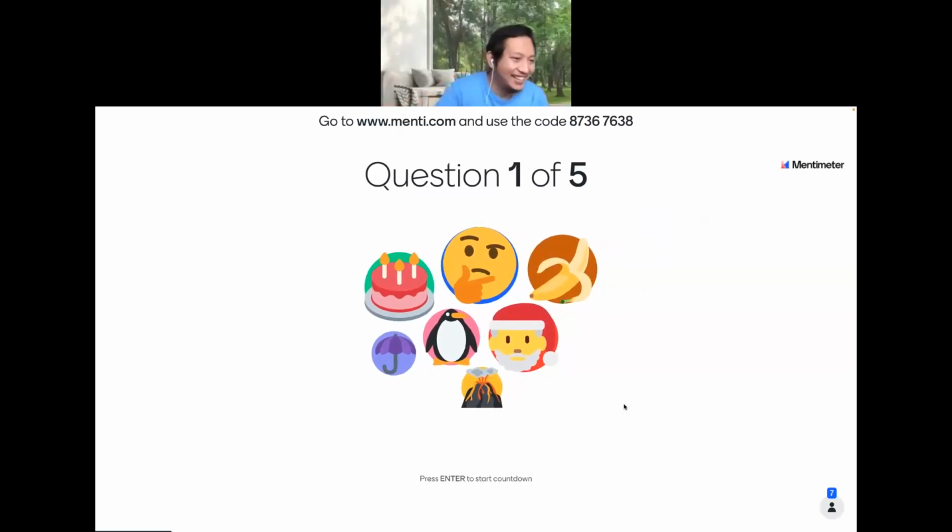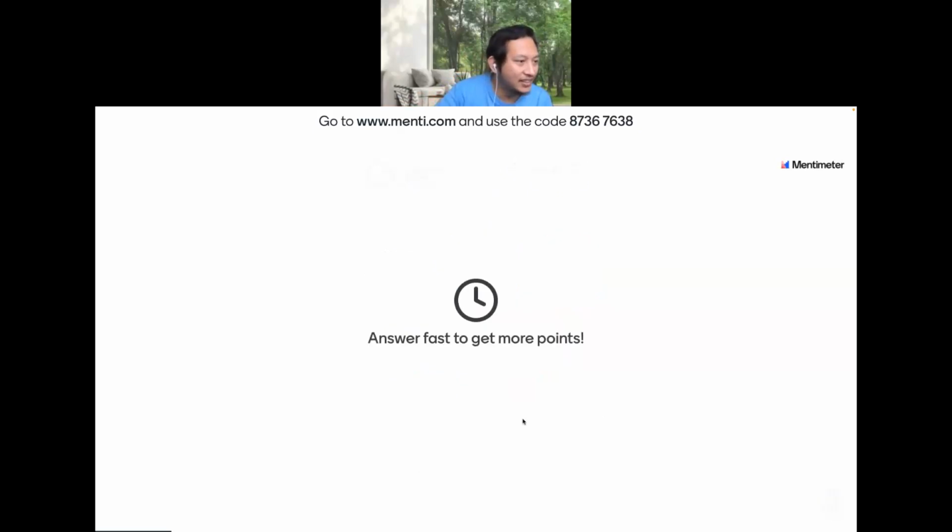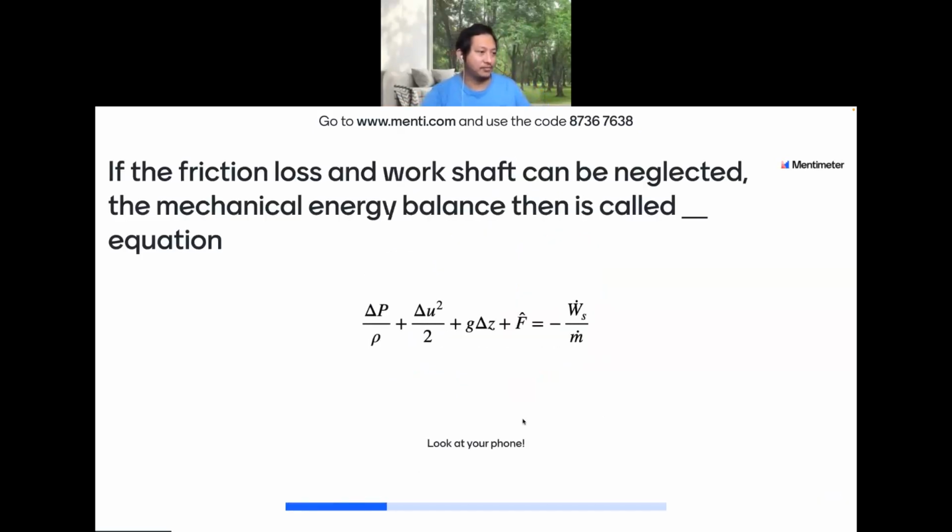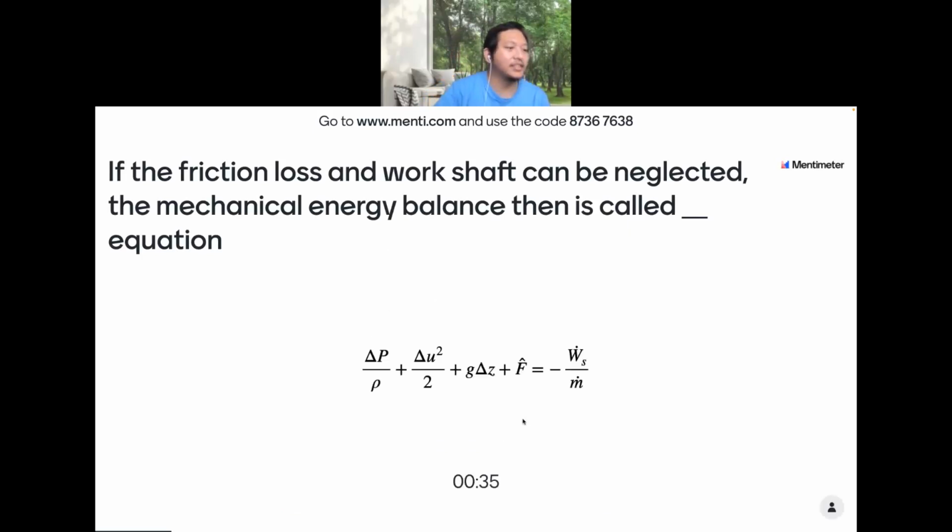Okay, I think we can start. Write the name of the equation, if you remember.